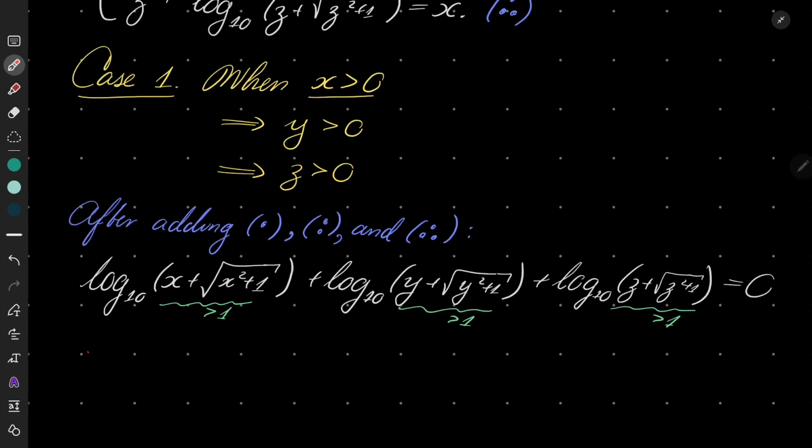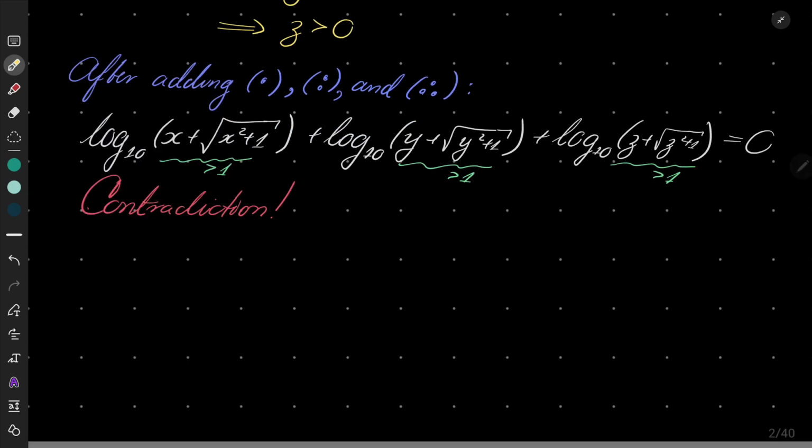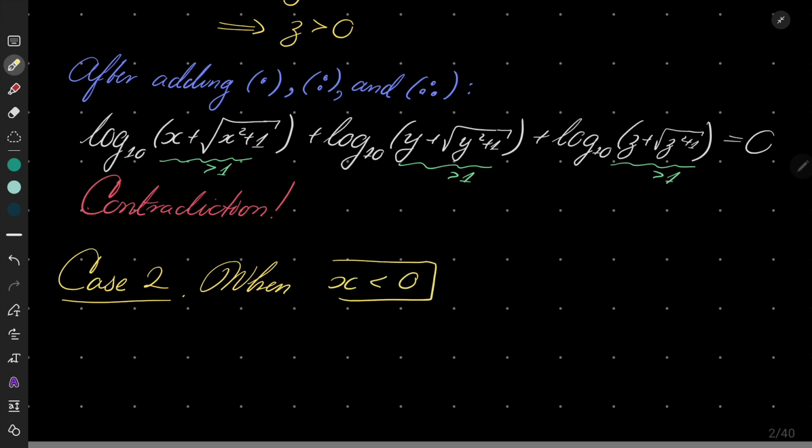So it's impossible. Contradiction. Very well. So x cannot be positive. So can x be negative? Let's say case number 2, when x is actually negative.